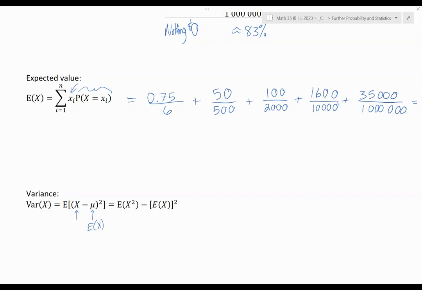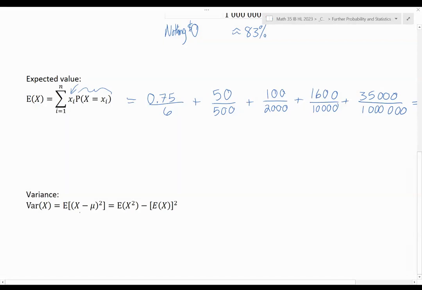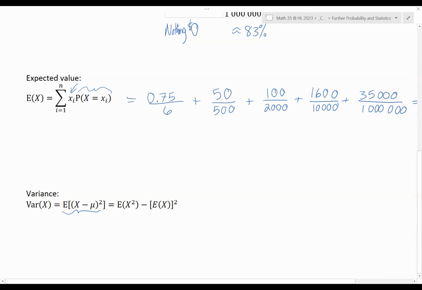So is the difference between a given value and the average positive, or is it negative? We don't really care. We're looking for some idea of, on average, how far apart are these values from the average. That's a little bit of an oversimplification, but it does help to get at the heart of what it is we're talking about. That's the formula that helps us to understand a little better what variance is telling us. So it's the average of the squared difference between individual values and the mean.